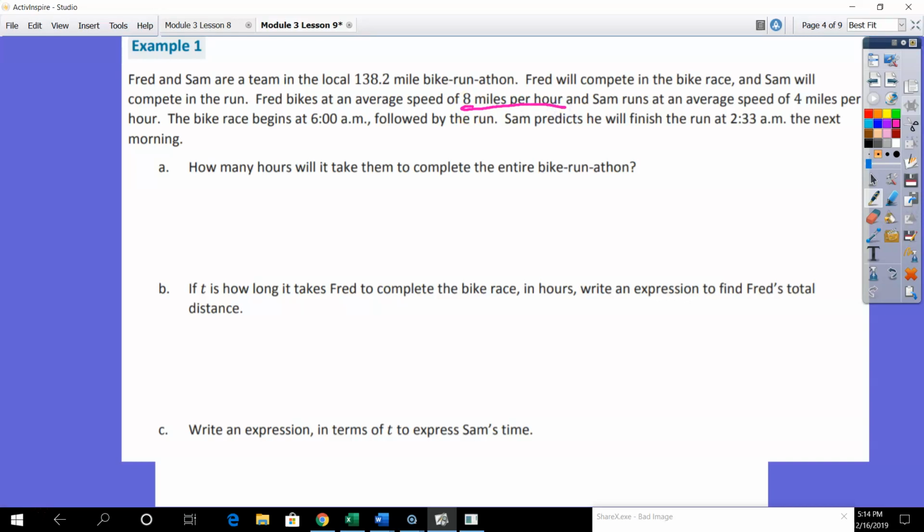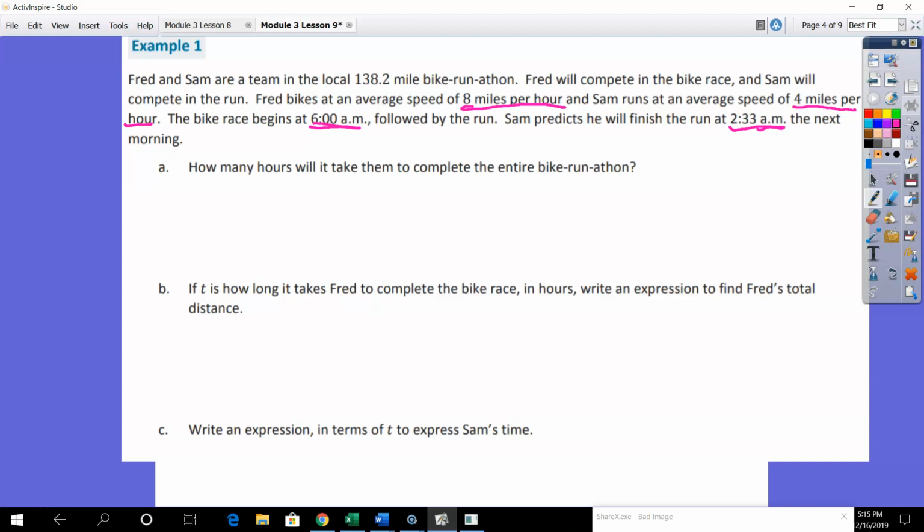Sam runs at an average speed of 4 miles per hour. The bike race begins at 6 a.m., followed by the run. Sam predicts that he will finish the run at 2:33 a.m. the next morning. How many hours will it take them to complete the entire bike runathon?